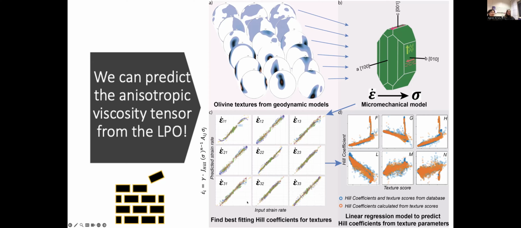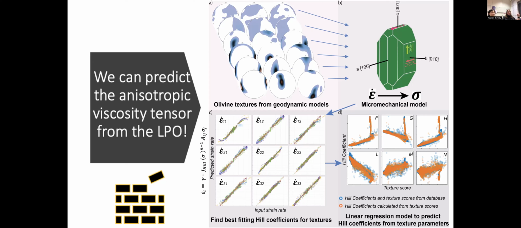So what I did is used many textures, over 10,000 textures that have occurred in geodynamic models, and then applied this micromechanical model many times on each of them, found the best fitting Hill coefficients for each texture, and then took out some texture parameters that we got from the mean orientation tensor of each texture.